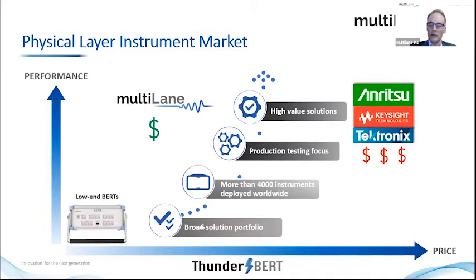So our solutions are high value solutions, leading edge technology, addressing the latest IO speeds, with the functionality that you need to do your work, but at a more affordable price point. We are not going to sell you a multi-channel 112 gigabits per second BERT that runs at around 400 or 500K, which makes things a little bit easier from a procurement point of view.